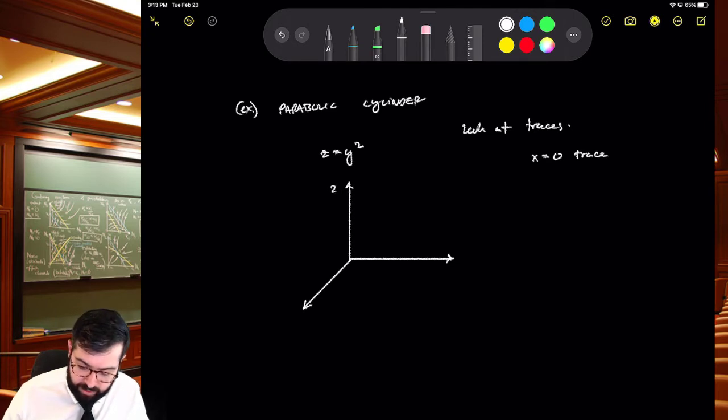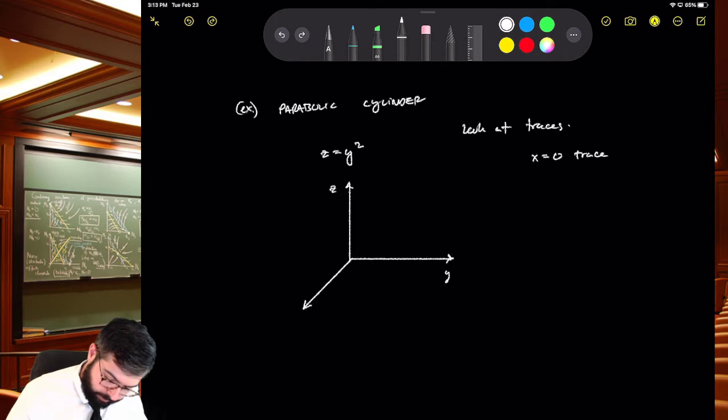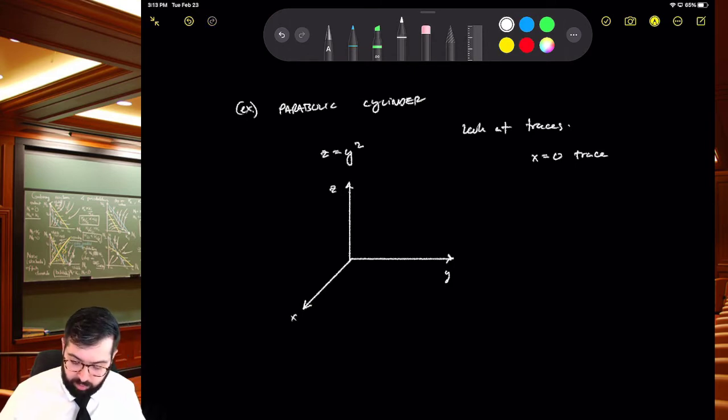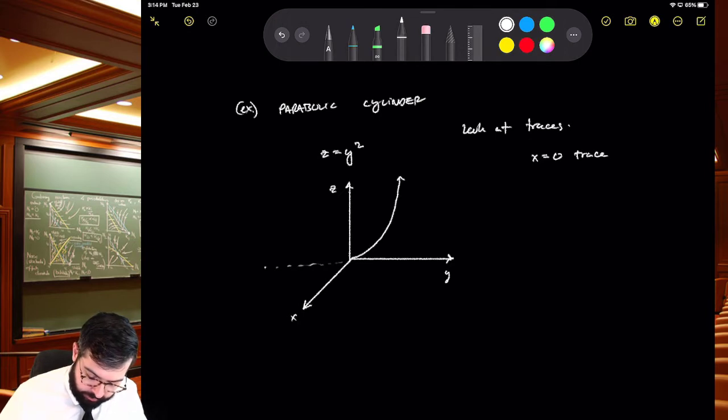Well, it looks like a parabola, right? Not y squared. It looks like a parabola in the zy plane, where the height depends on squaring the y coordinates. So it looks something like this.